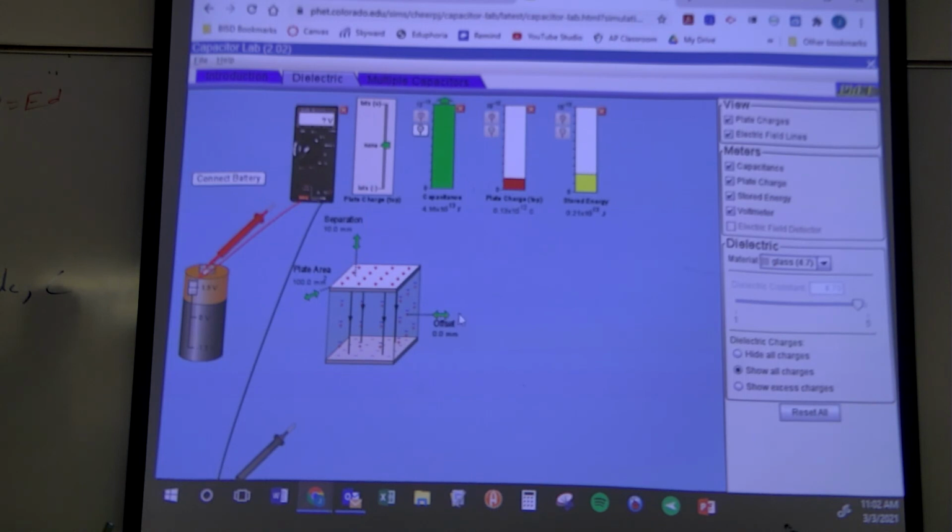And because electric potential energy is directly proportional to electric potential difference, the stored energy also goes down by the same amount. Or you can look at the equation for stored energy, 1/2 Q delta V. We just talked about this, but just to drive it home with a visual. Charge stays the same. You can't change the charge.